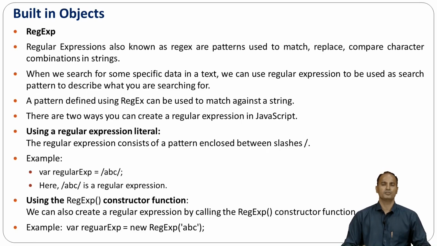Another way is using the regular expression constructor function. We can also create a regular expression by calling the RegExp constructor function. An example is: variable name = new RegExp, and in brackets we will provide the pattern that we want to match.